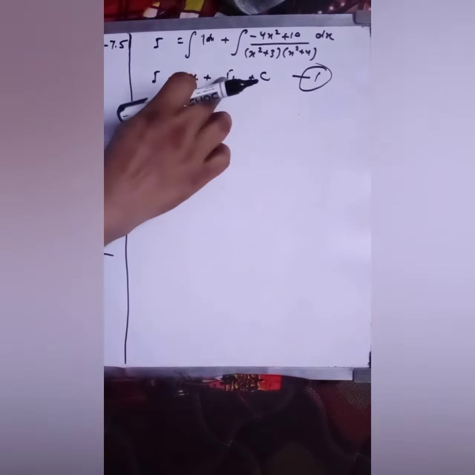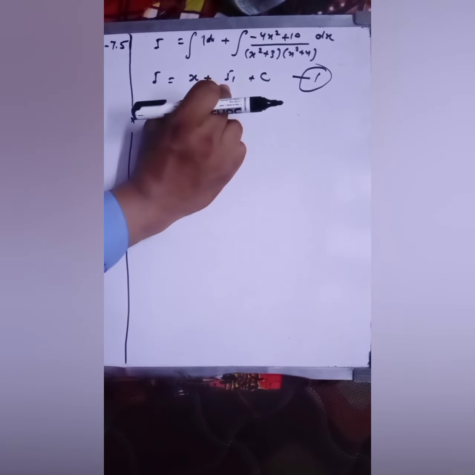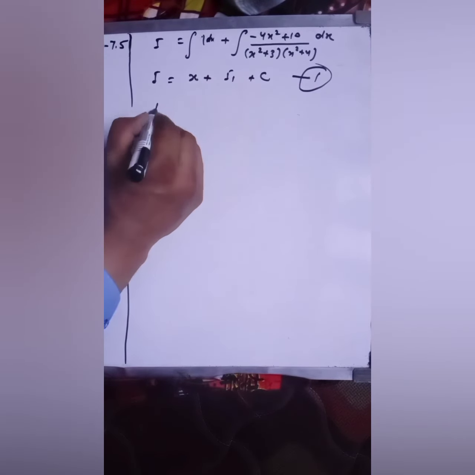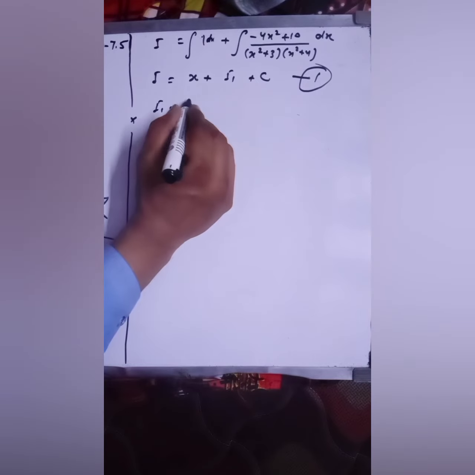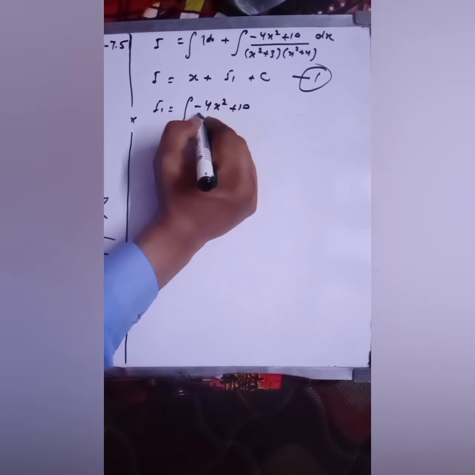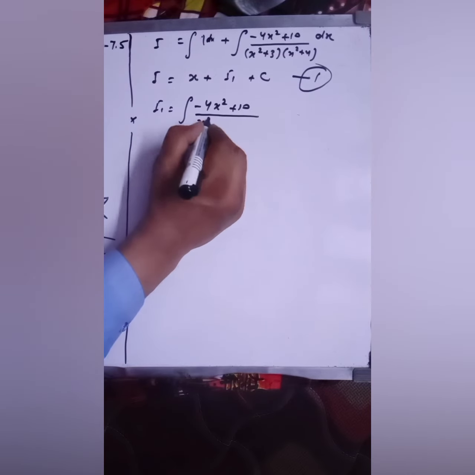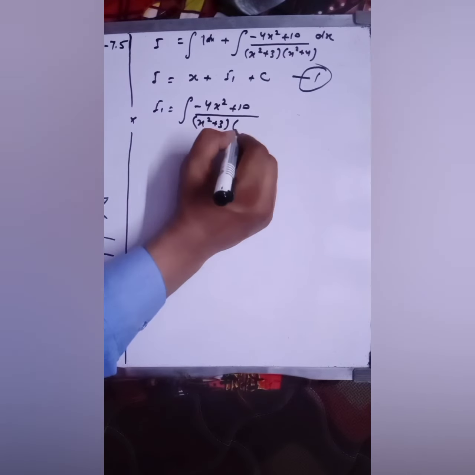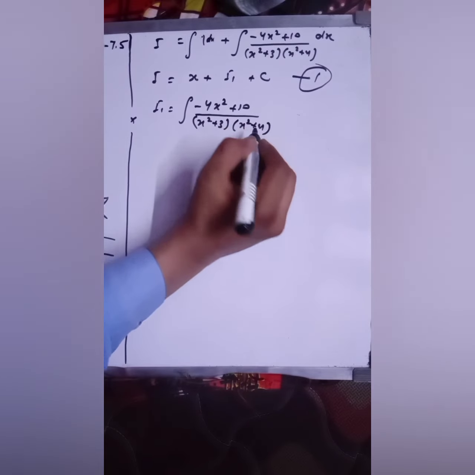I'm assuming that this is your I1. So I1 is equal to the integral of (minus 4x square plus 10) over (x square plus 3)(x square plus 4).